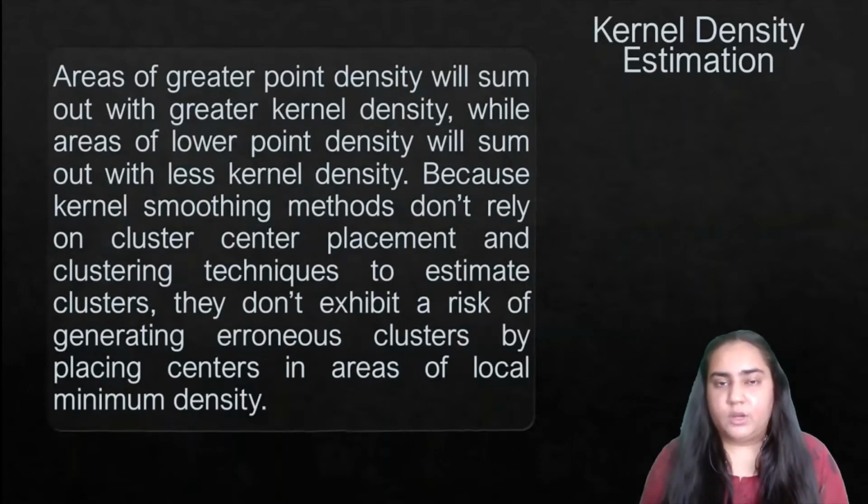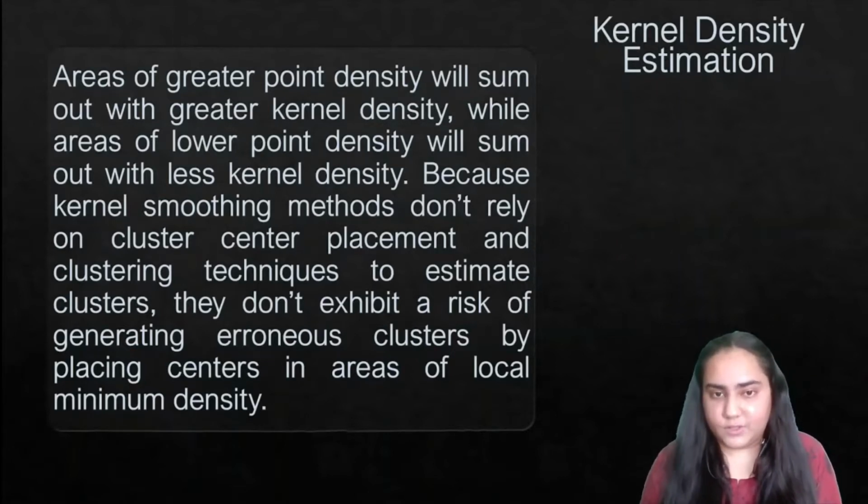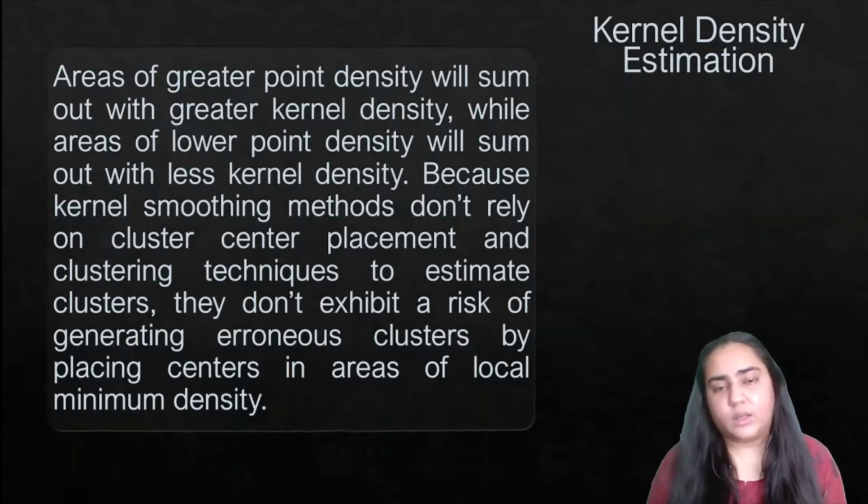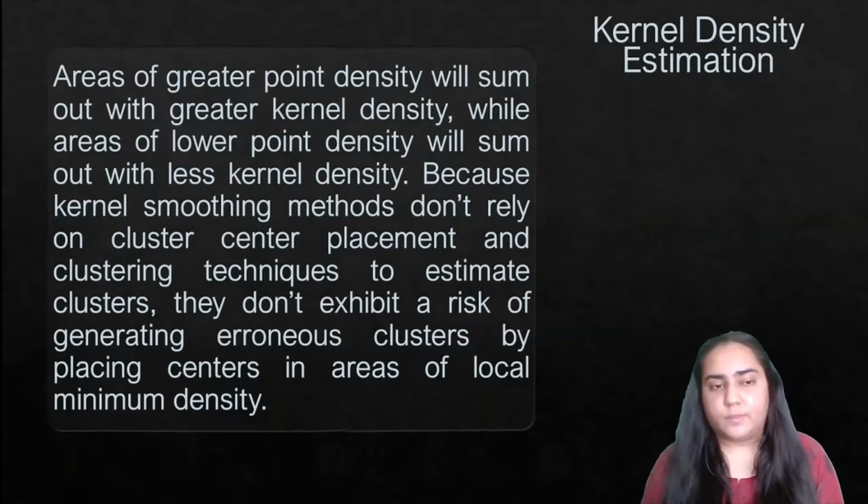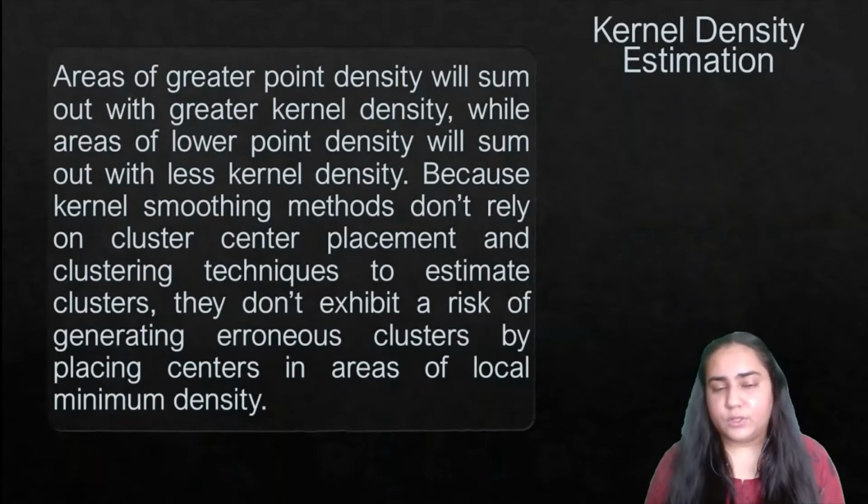Kernel density does not rely on these kinds of centers, which is why it works very well in avoiding erroneous clusters created by placing centers in areas of local minimum density.